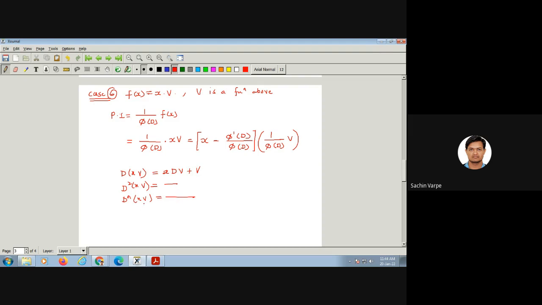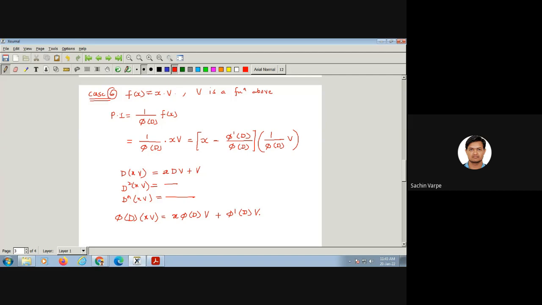So you'll be getting some function of d operated on xv equal to x into some function of d into v plus the derivative of the function of d into the derivative of x, which is 1, into v.